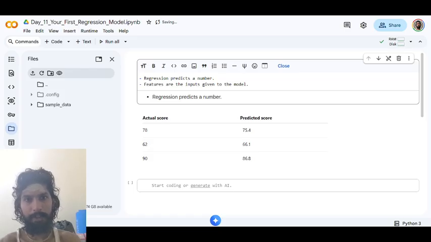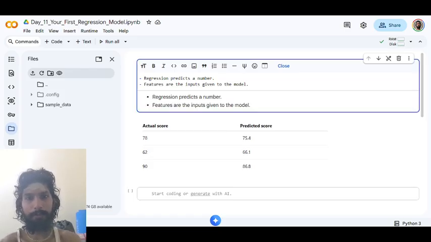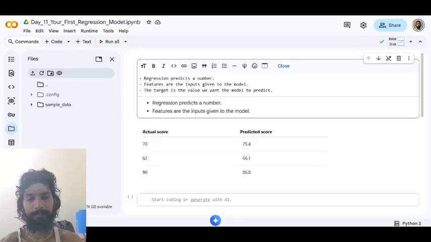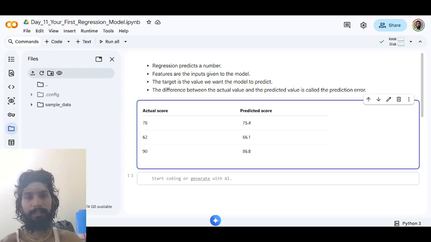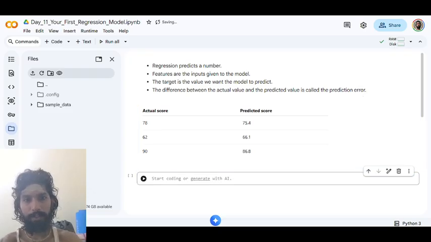The target is the value we want the model to predict. The difference between the actual value and the predicted value is called the prediction error. And this is one example of actual score and predicted score.